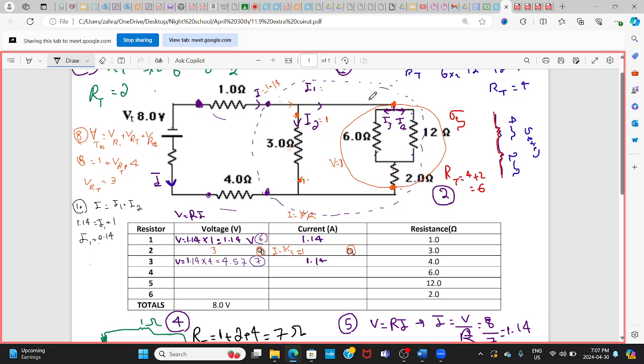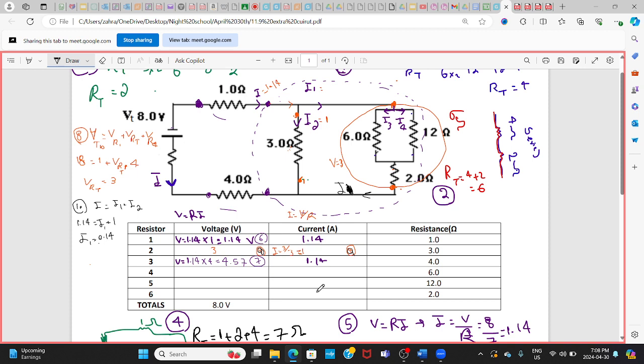So 0.14 is here. Come here again, become 2 branches. Again, these 2 branches come together and pass through 2, right? Sorry, this is the same as I1, because I1 coming, branch, and then come together again, become I1, right? So the current passing through 2 ohm, just here, is gonna be the same as I1.